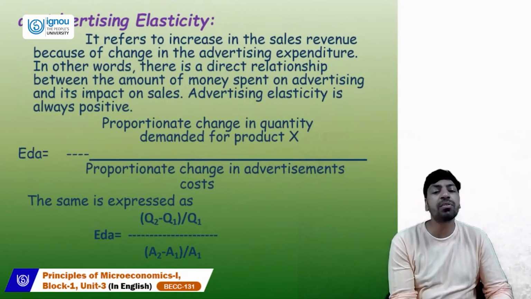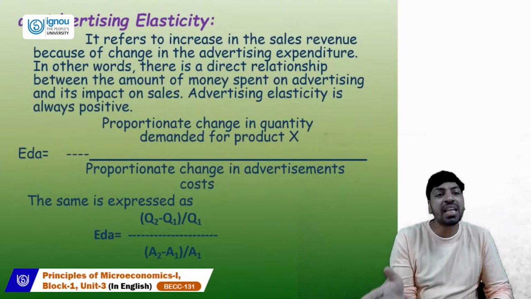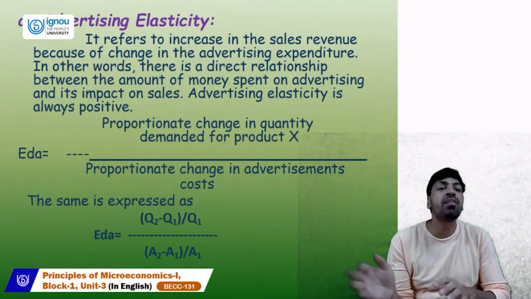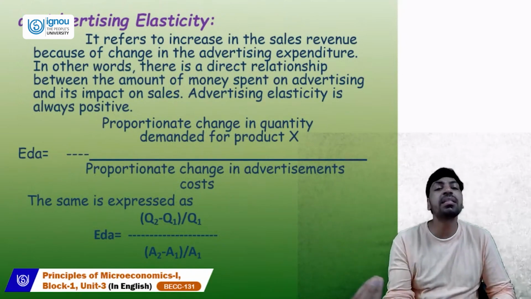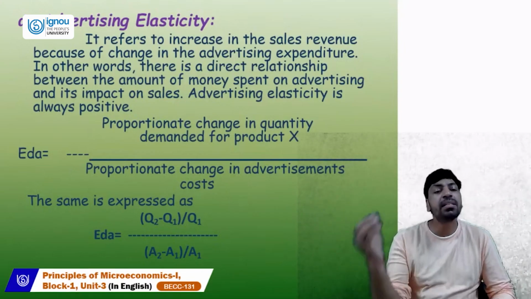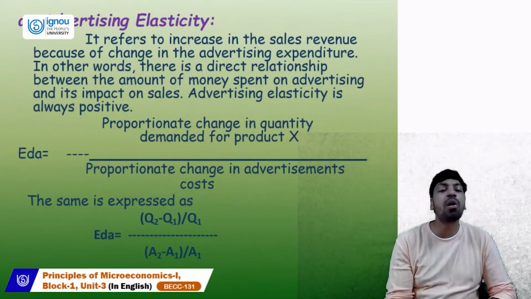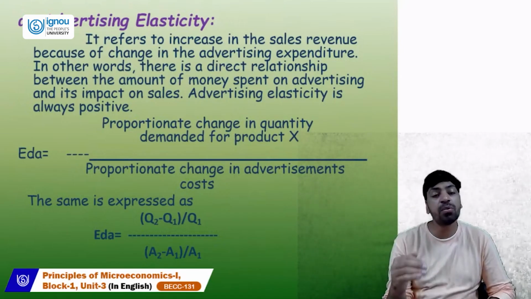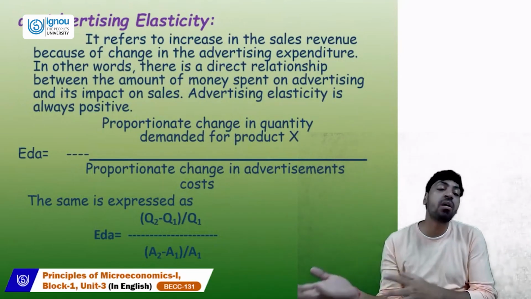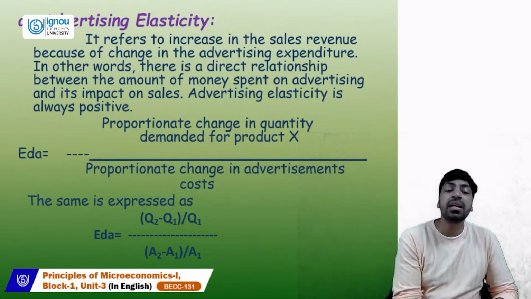In other words, if there is a change in the quantity demanded of any product, let's say X, Y, or Z, just due to a change in advertisement cost, whether it increases or decreases.